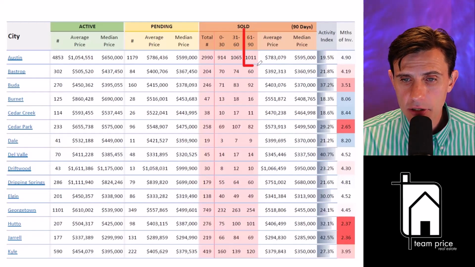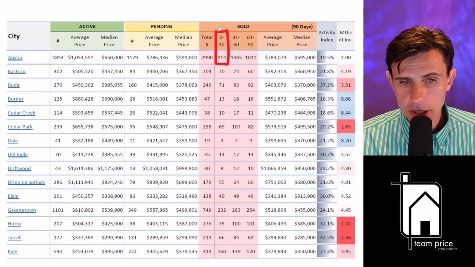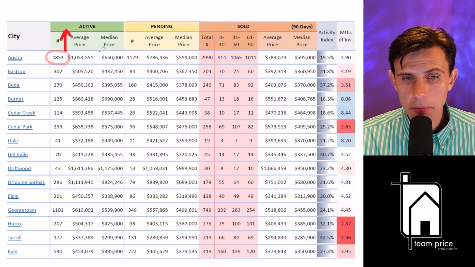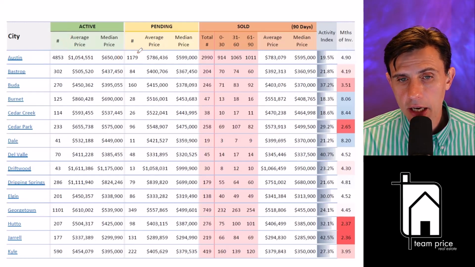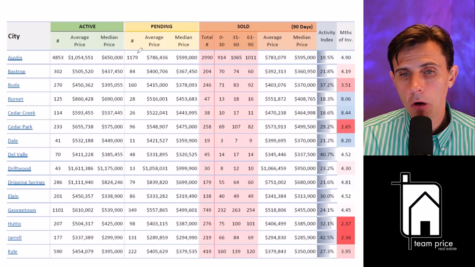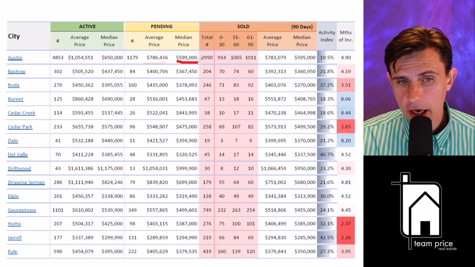61 to 90 days ago, 1,011 properties sold. 31 to 60, 1,065. 0 to 30, 914. And yet the number of active listings keeps going up, and we only have 1,179 properties that are currently pending. And then you look at the price of the properties that are pending: 786 average, 599 median.